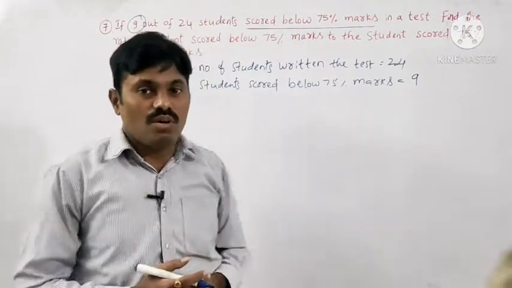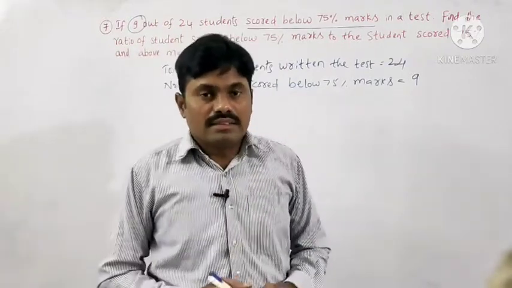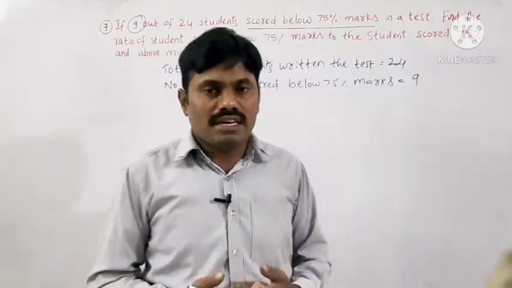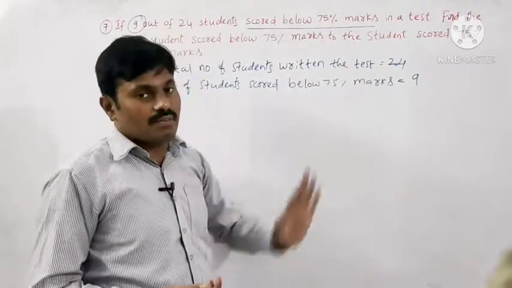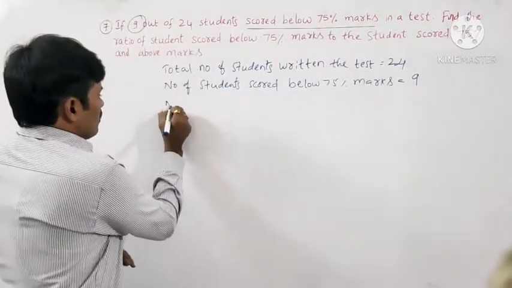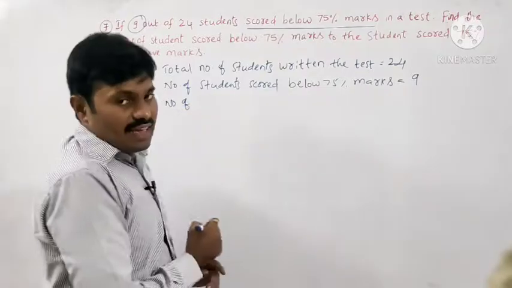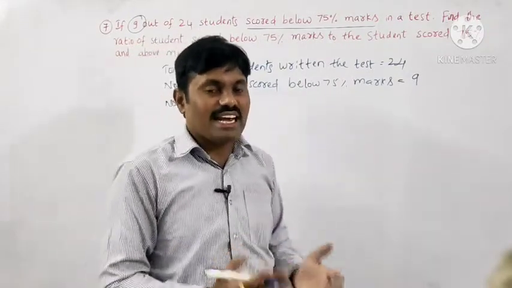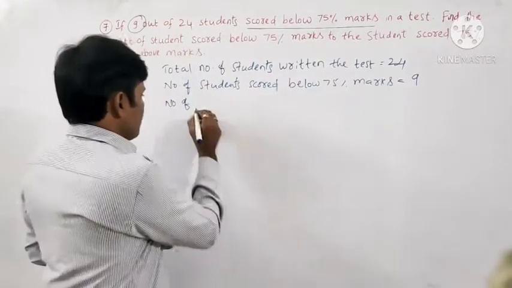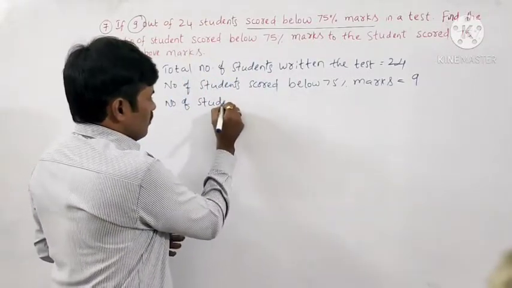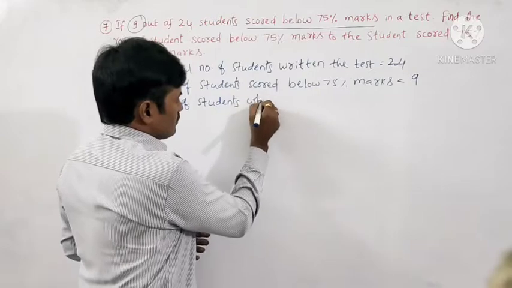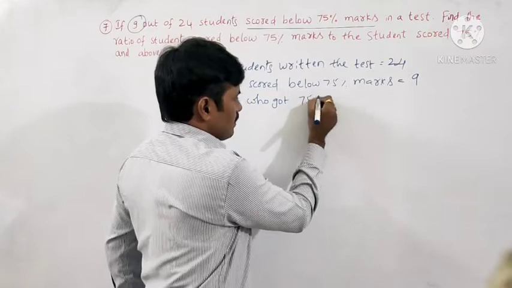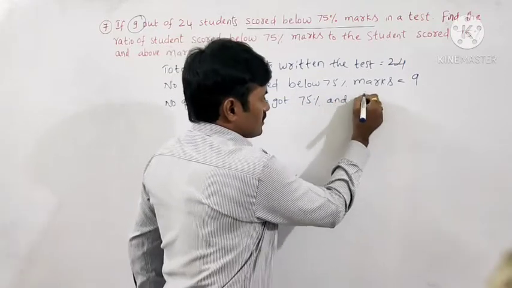Then how many students got 75% and more than 75% marks? Yes, 24 minus 9 members got. So my dialogue is here: number of students who got 75% and above marks.